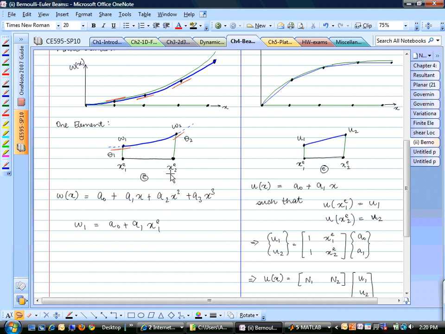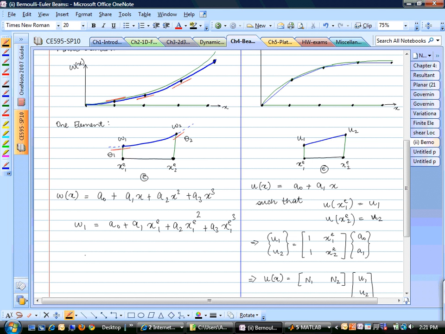The locations or the coordinates of these elements, they are constants. So you can plug in those constants here, and you can write out the expression. So essentially what this equation is saying is that if you calculate the displacement at this point, it should equal the degree of freedom here.